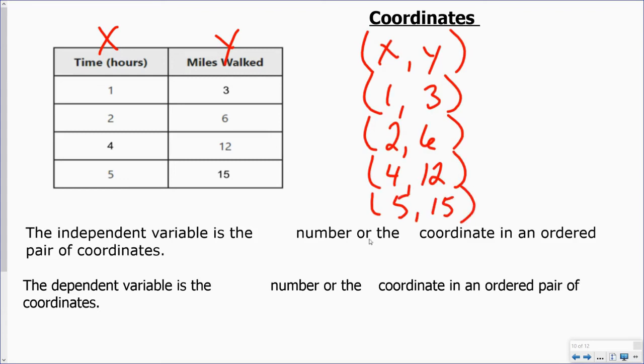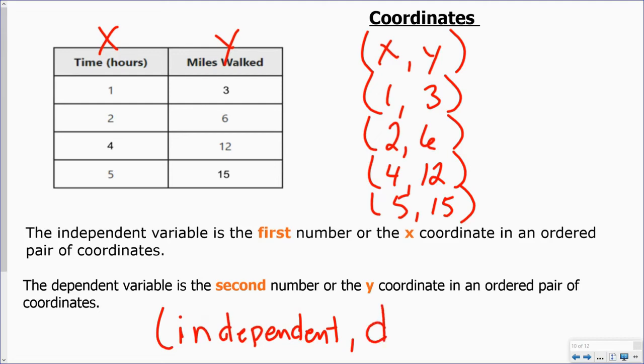So the independent variable is the first number or the x coordinate in the ordered pair of coordinates. And the dependent variable is the second number or the y coordinate in the ordered pair. So when I write coordinates, it would be parentheses, independent variable, comma, dependent variable.